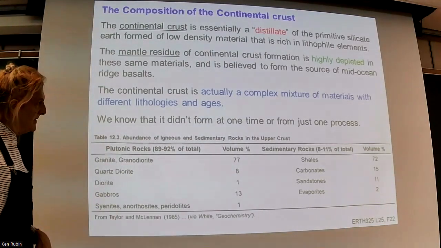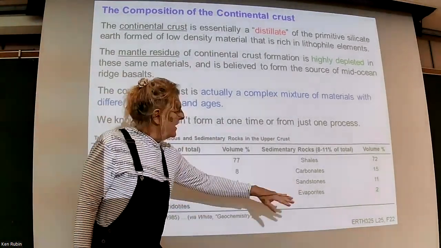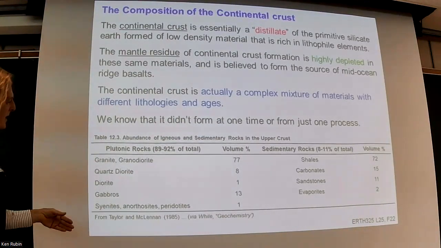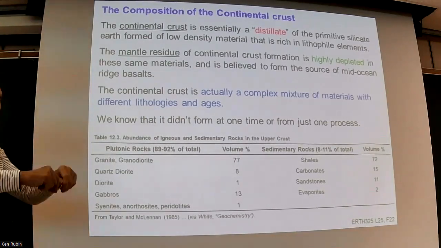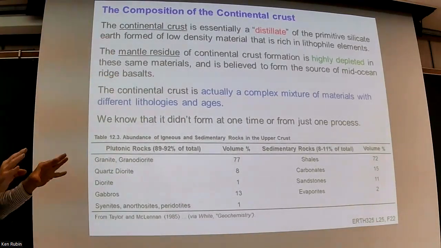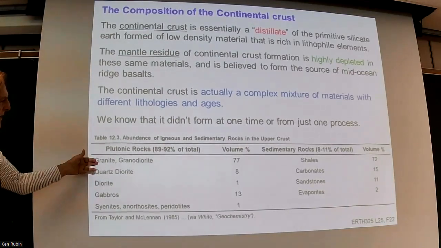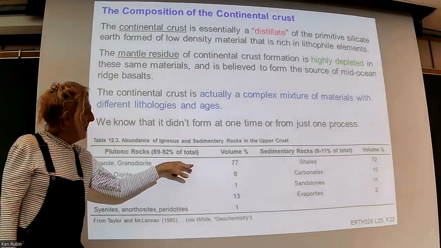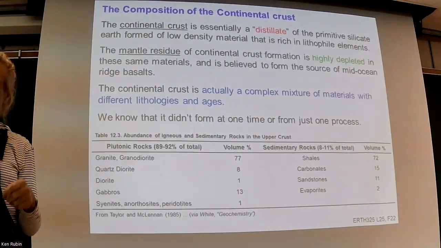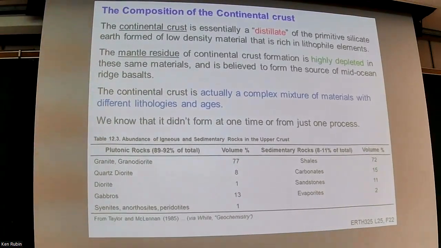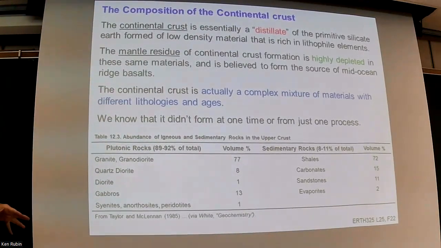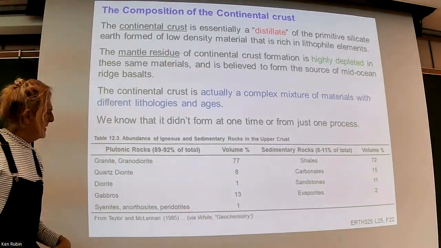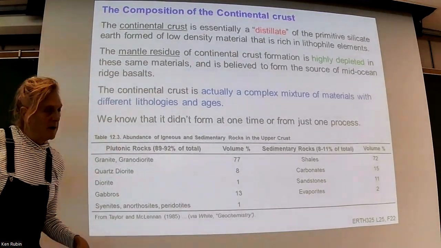But what you will find on this side of the table, and over here we've got the sediments, is that the majority of the igneous rocks, not necessarily ones that were erupted at the surface, but ones that are intrusive and cooled slowly, break down into these categories. Something like three-quarters of them are granites or granodiorites, which are high silicon rocks and low iron magnesium rocks, and something much less are what we call mafic rocks.